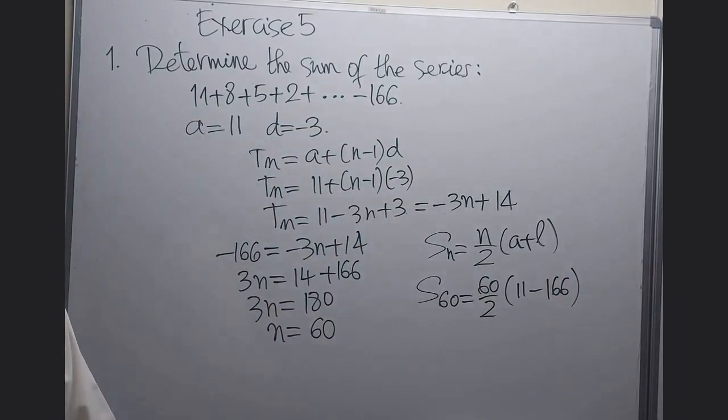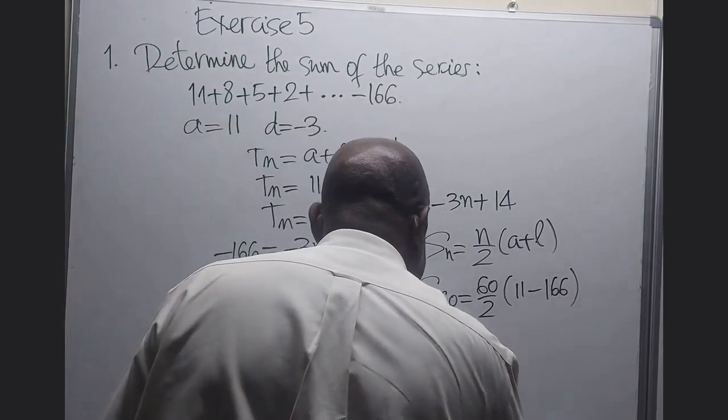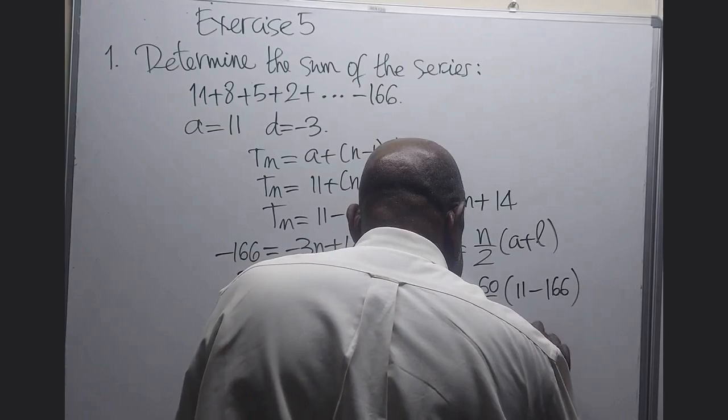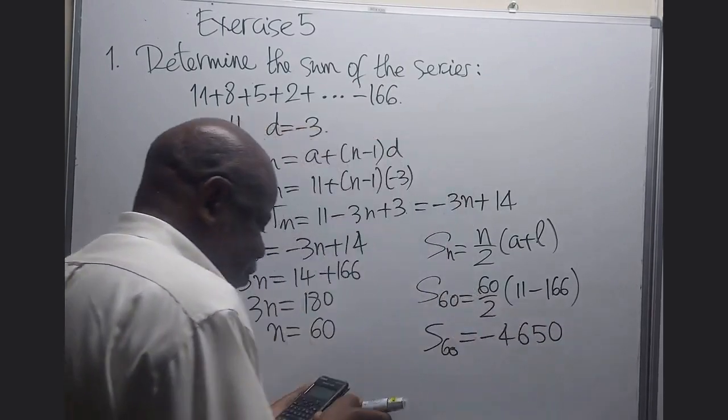Using the calculator, what are we going to get? 60 divided by 2 is 30. 30 multiplied by 11 minus 166. Then our sum is negative. S60 will be equal to negative 4,650.